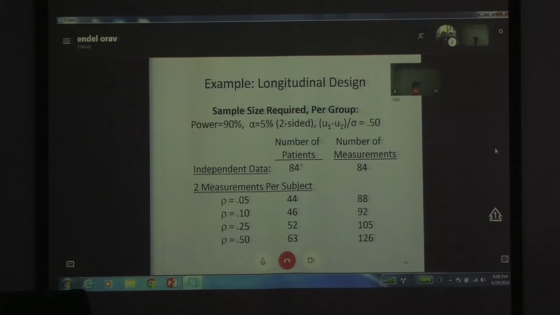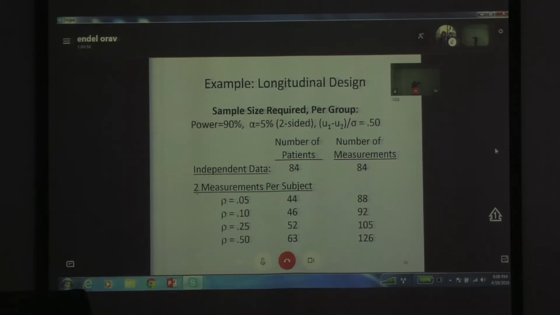I look at this 84 and say I don't have that many patients available to study. And so instead, what if I enrolled fewer patients but measured them twice each? If the correlation between the two measurements is low, then I could actually do this same study, still achieve 90% power, using only 44 people per group. 44 with the intervention, 44 with the control. That's a lot less than 84 people per group.